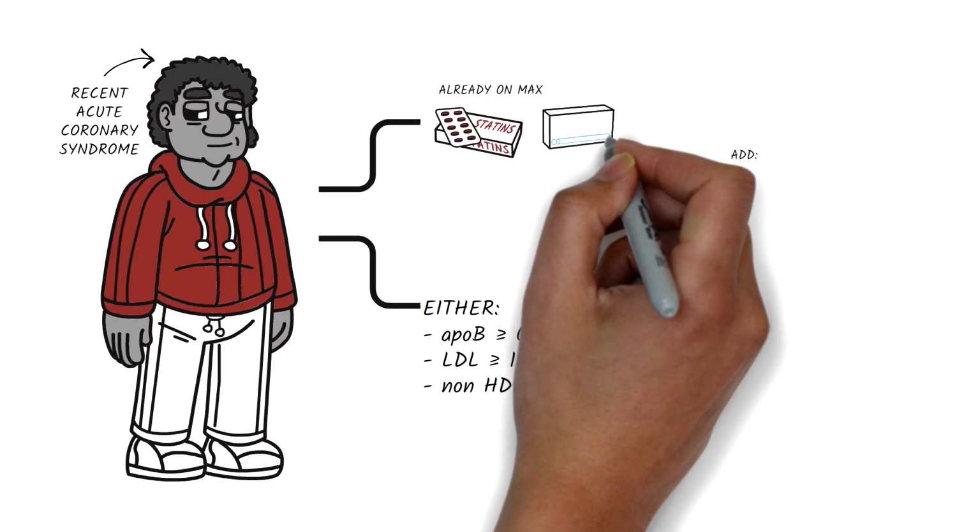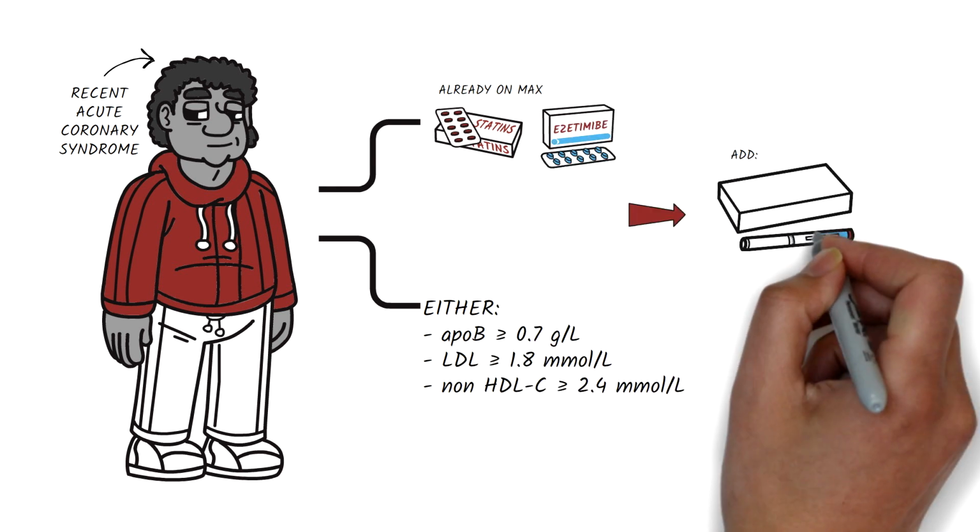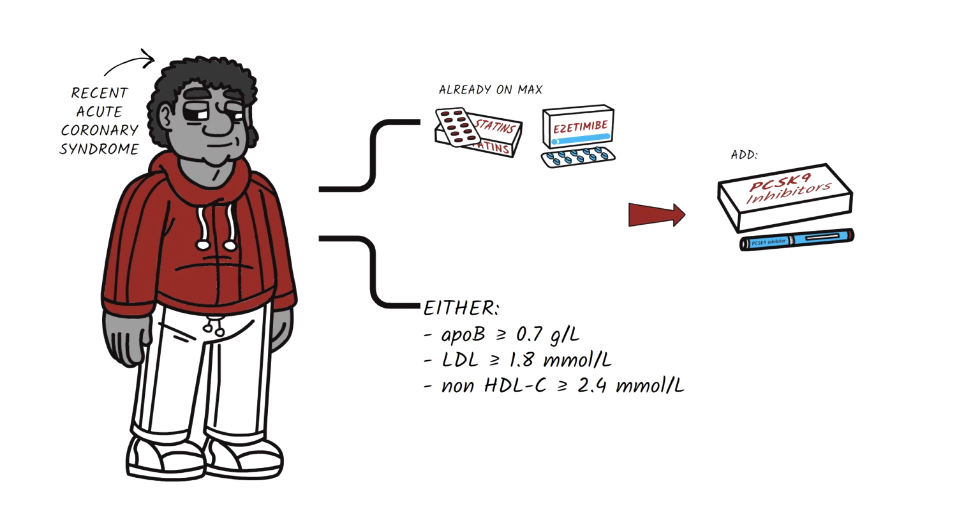Or, if the same patient is already on statin and ezetimibe, then intensifying therapy with a PCSK9 inhibitor should be considered. The FOURIER and ODYSSEY trials, which demonstrated increased benefit with statin plus PCSK9 therapy, have added powerfully to this recommendation.